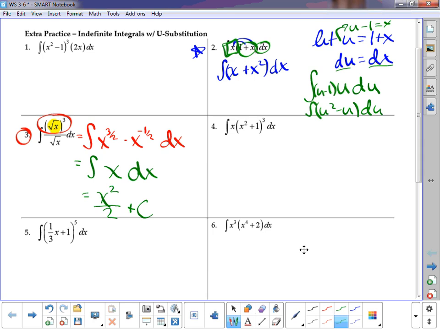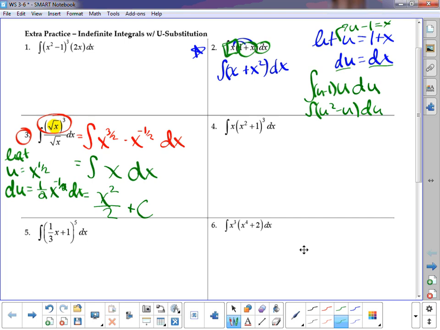So again, you could do u substitution, where you could let u equal x to the 1/2, because that is my inside, and then du would be 1/2 x to the negative 1/2 dx, and go from there. But rewriting it and multiplying it actually is a lot faster, of course.